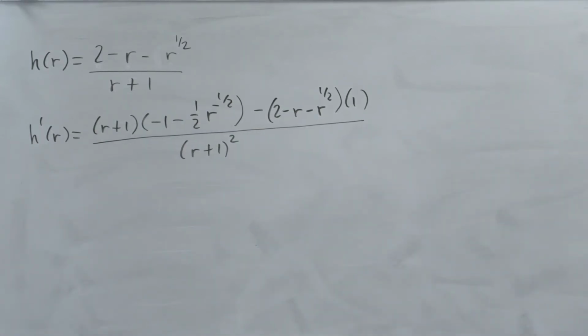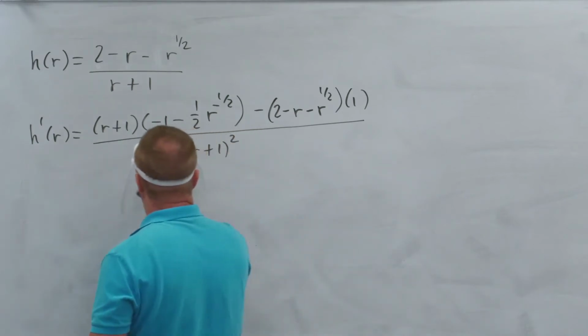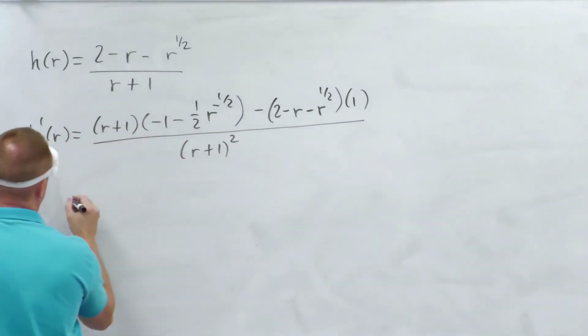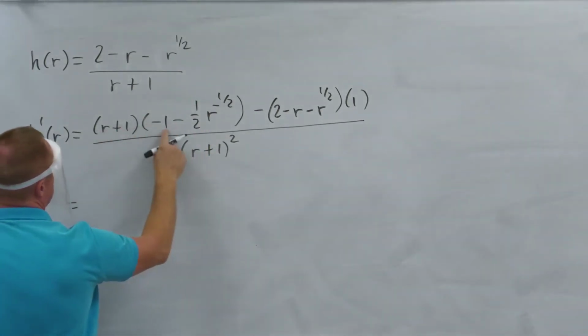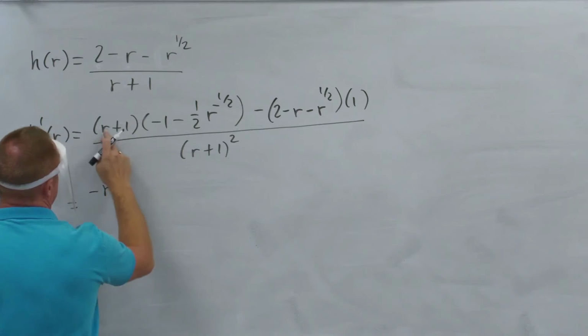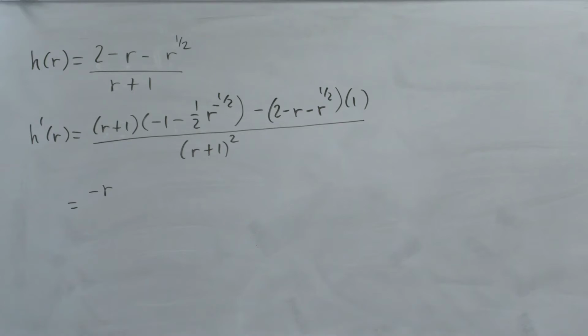Okay, questions about that? All right, now we just got to reduce this a bit. Went ahead and distributed everything here. So here I got a binomial times a binomial, so let's multiply. r times negative 1 is negative r. r times negative 1/2, r to the negative 1/2. r times r to the negative 1/2, I just add 1 plus negative 1/2, and that gives me positive 1/2.